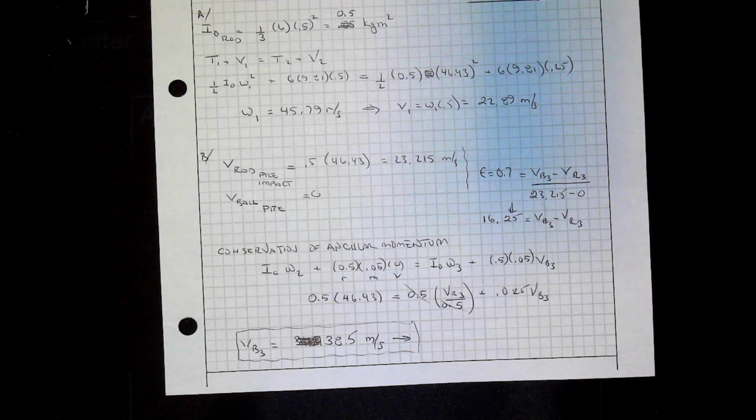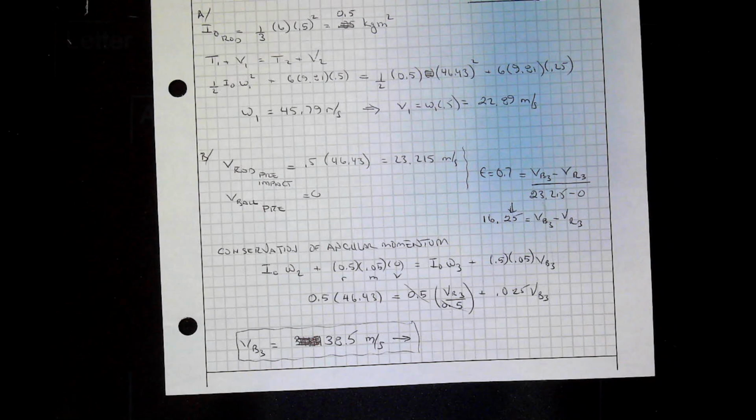All right. So the velocity of the rod pre-impact. So at the base of the rod, we know omega times 0.5. So we have 23.215 meters per second coming into the ball. The ball prior to impact isn't moving, it's still.